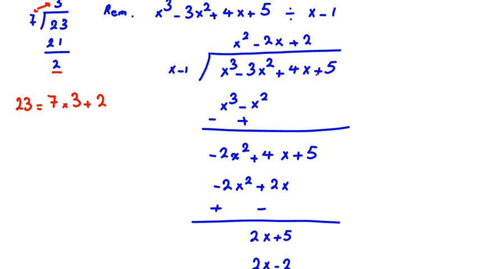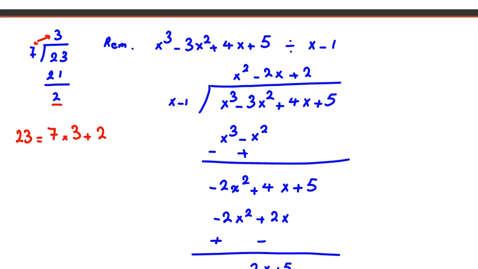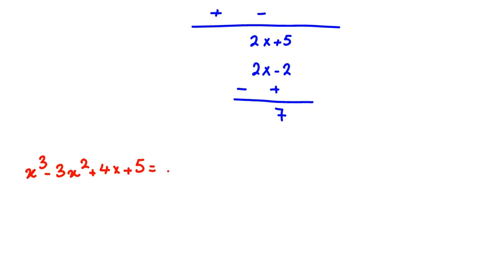Here also, if we do the same thing, x cubed minus 3x squared plus 4x plus 5 is equal to x minus 1 times this, x squared minus 2x plus 2, we multiply, and plus 7 here. And the remainder is 7.